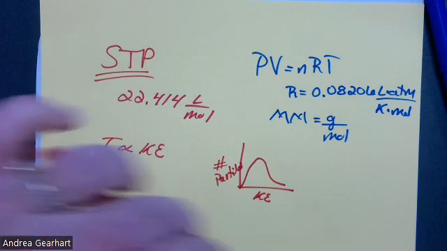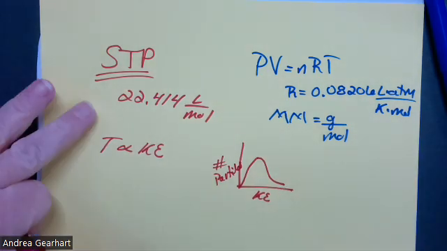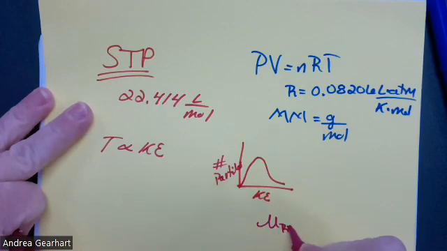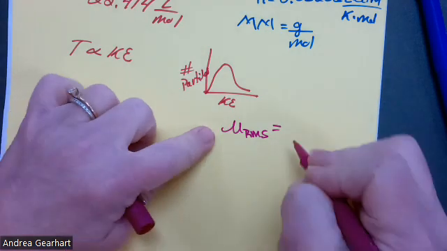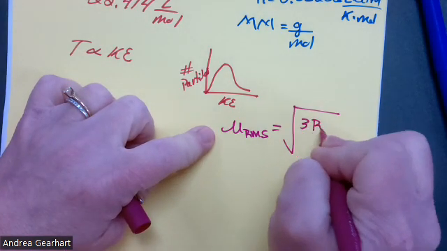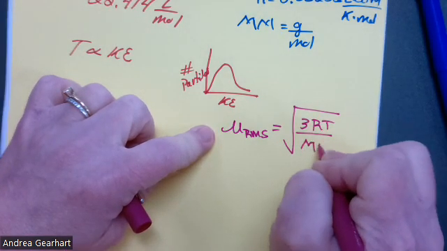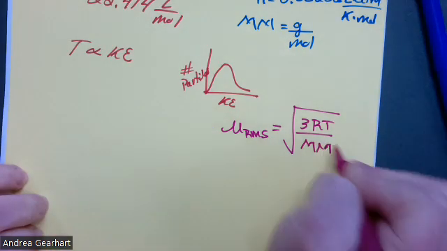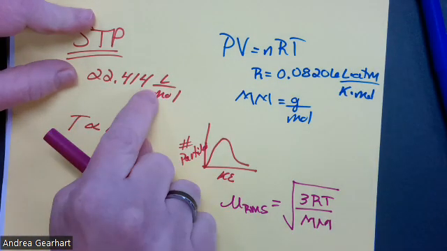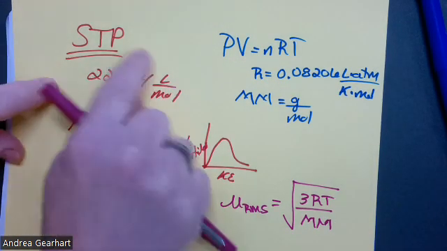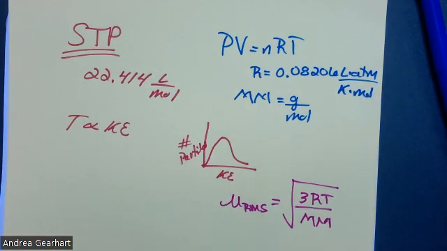All right, we learned how to get velocity, and remember, it's a special kind of average. Square root of 3RT over molar mass. We've looked at problems where we've used molar volume to get us molar mass or to take us from molar mass into density and some other things.